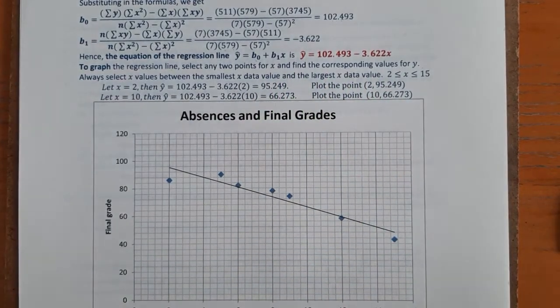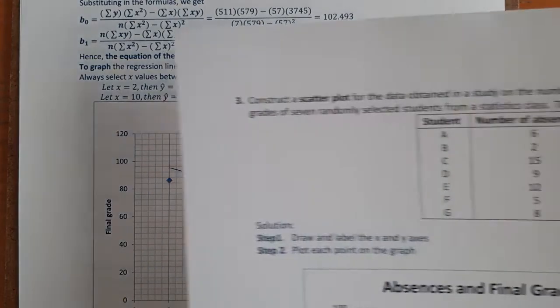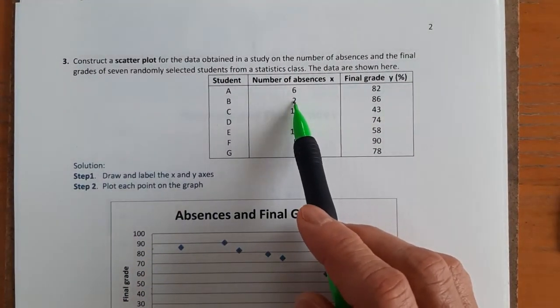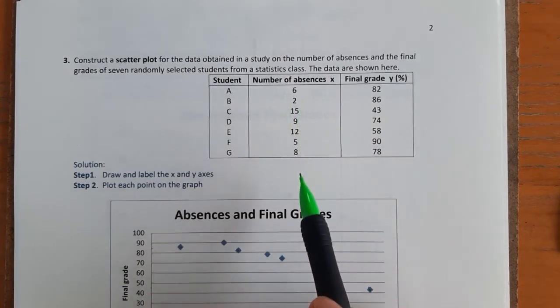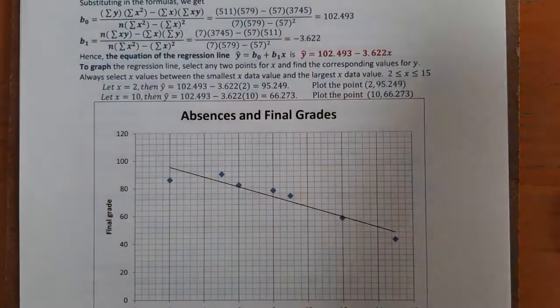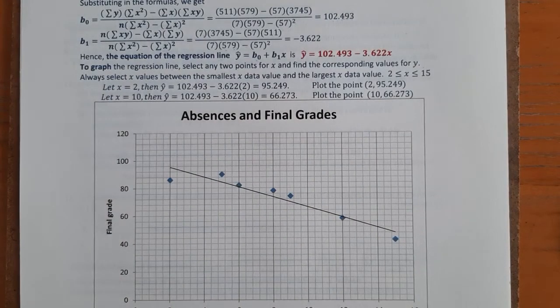For this case, x is between 2 and 15, because from question 3, x is the number of absences. The smallest is 2 and the largest is 15.